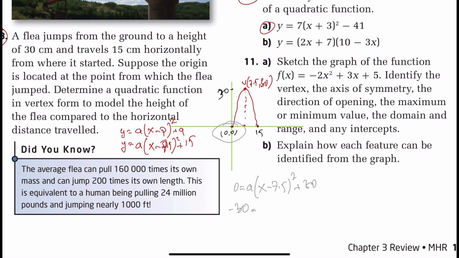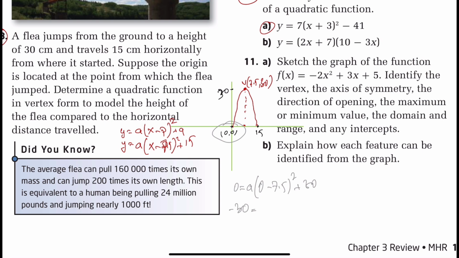My x is 0, so this is 0, because I just substitute the point 0, 0.